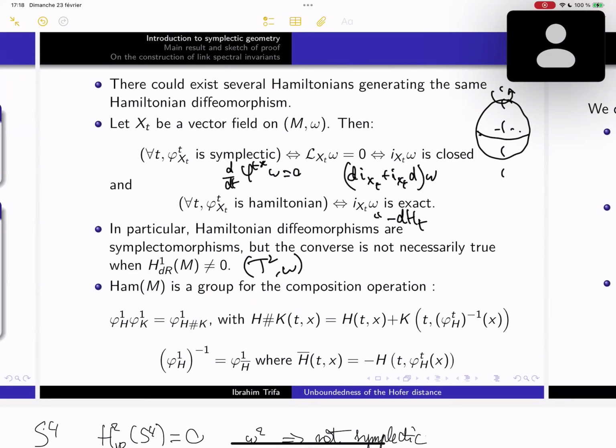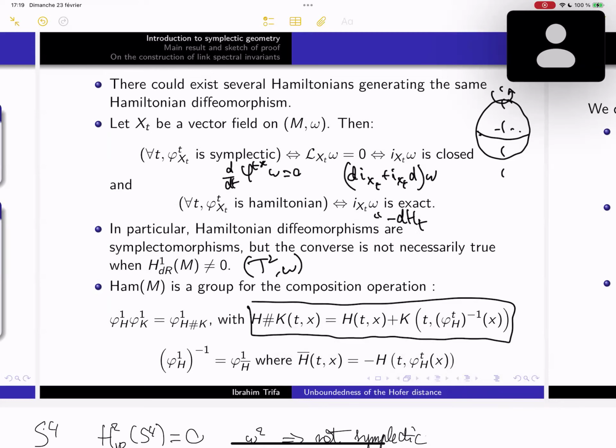Okay, then one can show that the set of Hamiltonian diffeomorphisms is in fact a group for the composition operation. So if you take a Hamiltonian diffeomorphism generated by a Hamiltonian H and another one generated by K, then their composition is also a Hamiltonian diffeomorphism generated by the Hamiltonian we denote H sharp K, which is given by this expression here.